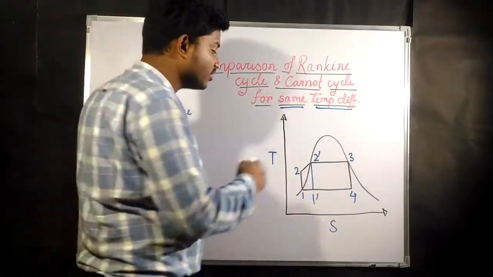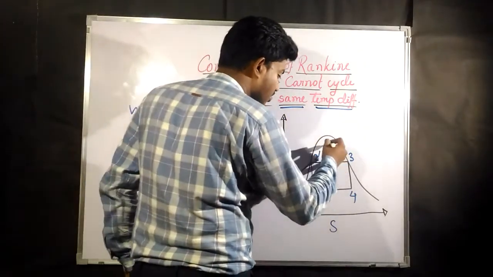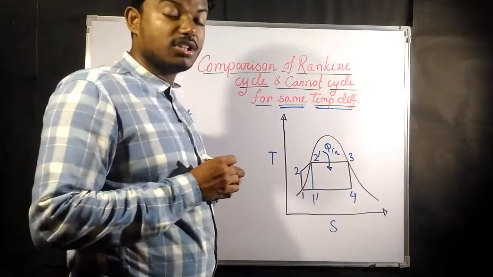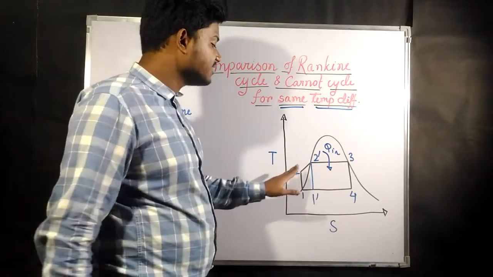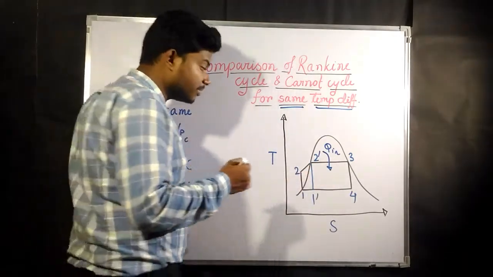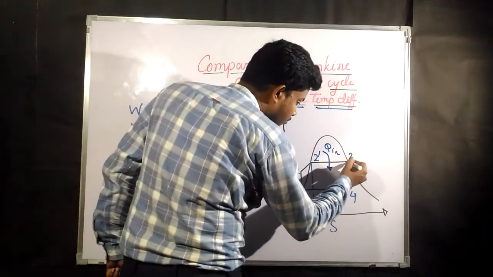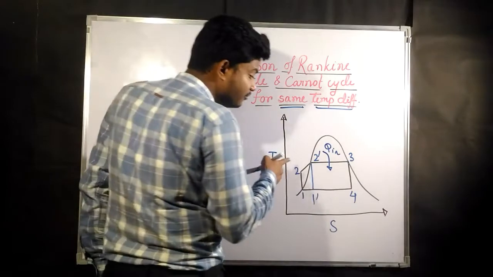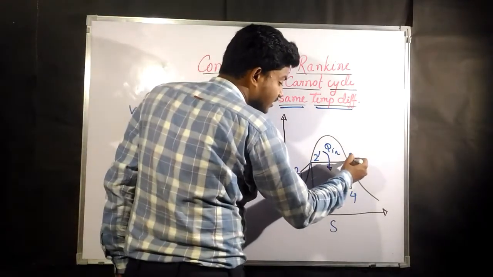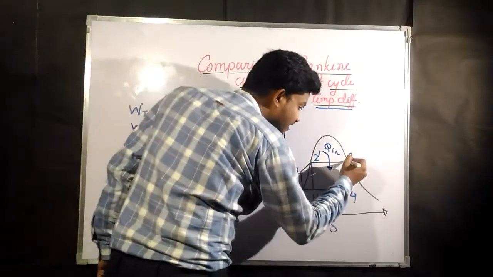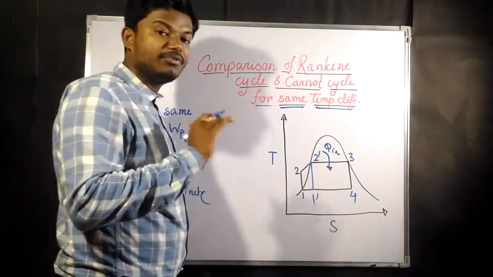The heat addition process in the Carnot cycle is at constant pressure, constant temperature. Now in the Rankine cycle it is a constant pressure process. So since it is a constant temperature process for the Carnot cycle, we can reach up to here only. But in the Rankine cycle, if we want to reach here, we have to finish it here only.